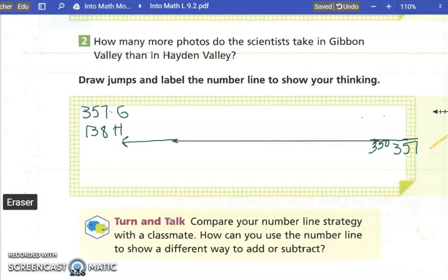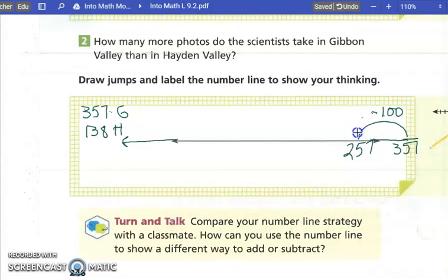I agree. Okay, here we go. We're going to take away 100. What does that make this? Minus 100. 357 becomes 257.